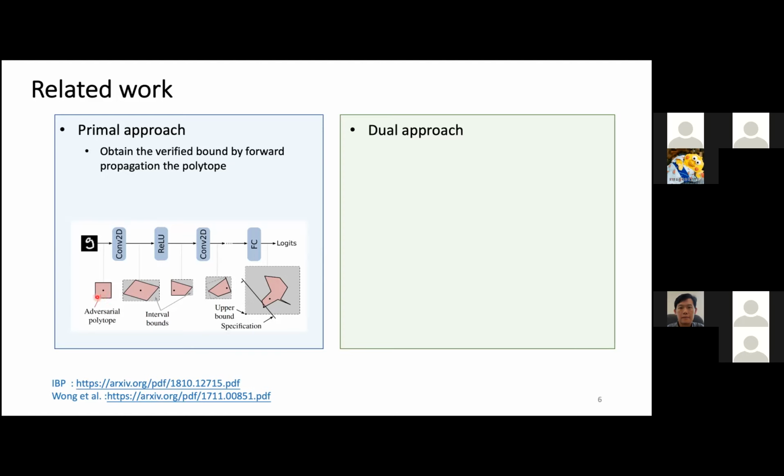possible adversarial examples. Then they feed this polytope into the network, and after the convolution operation, we can get a new polytope. And we can also compute its upper bound and lower bound. Repeating this idea, we can finally get a last polytope and its upper bound and lower bound.